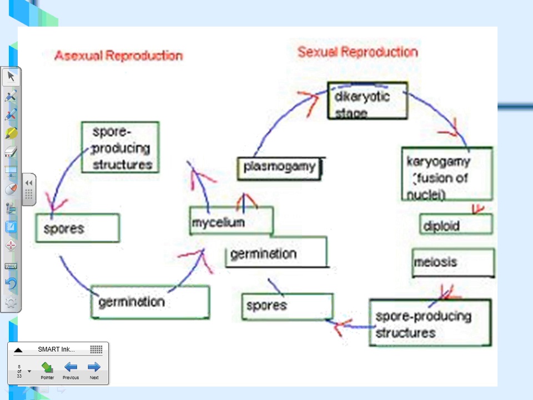We said that most fungi can do both asexual and sexual reproduction. Here's the asexual part. We have the mycelium, the fungus body, does mitosis to produce these spore reproducing structures. Does some more mitosis here.